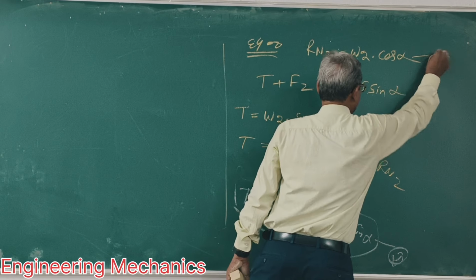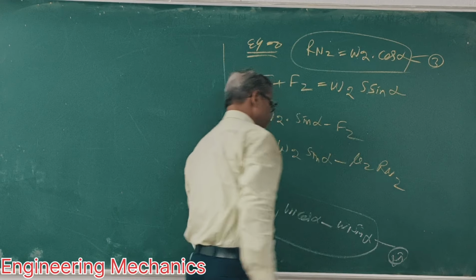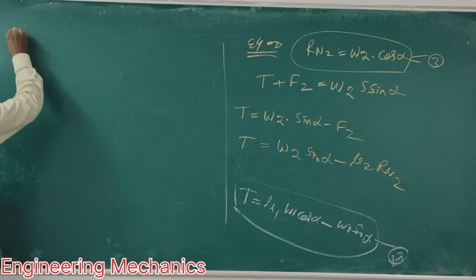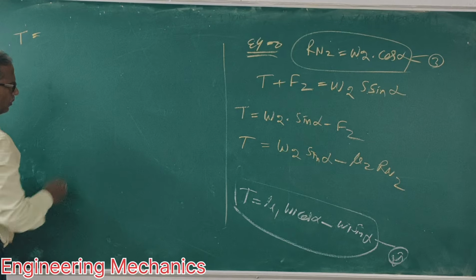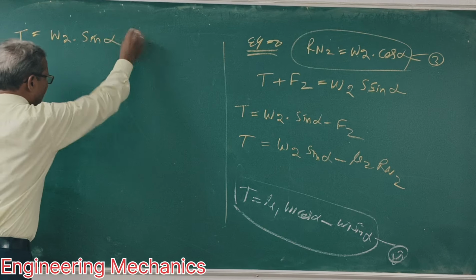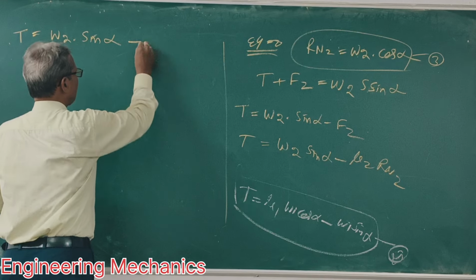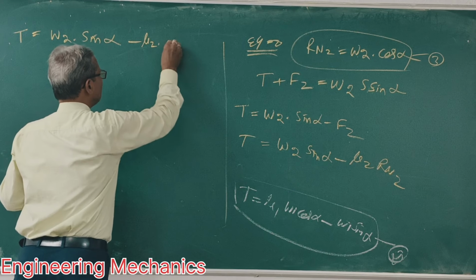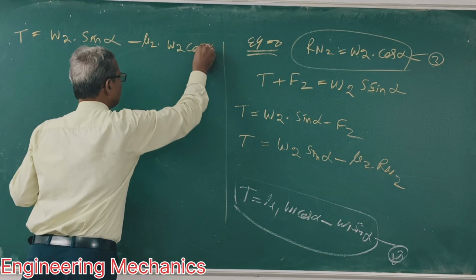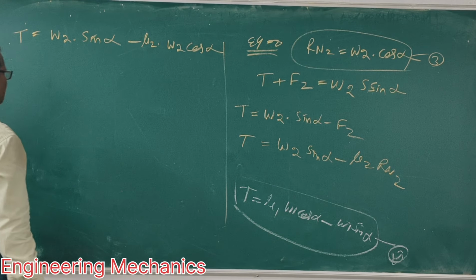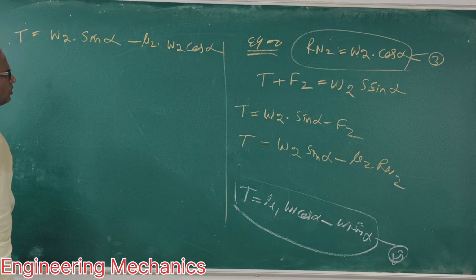Clear? So T is equal to W2 sin alpha minus mu2 Rn2. What is Rn2? W2 cos alpha. Clear? So this is equation 4.